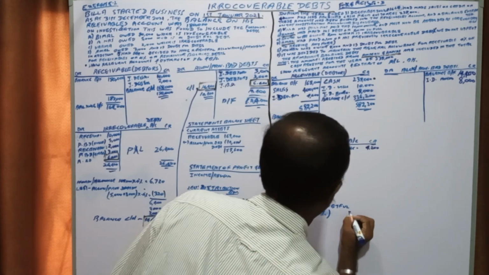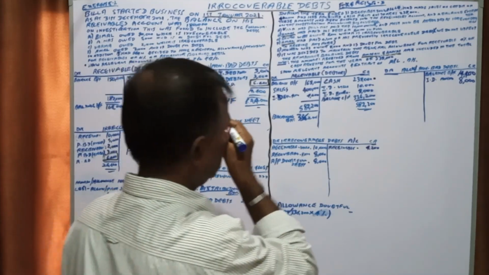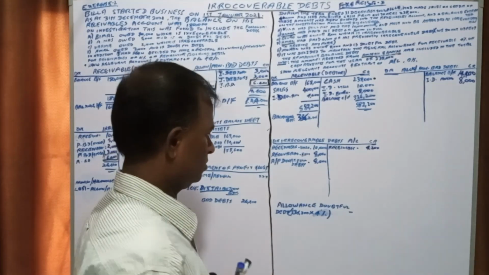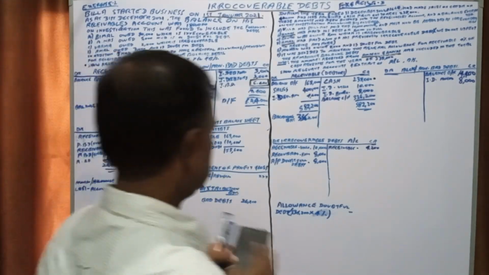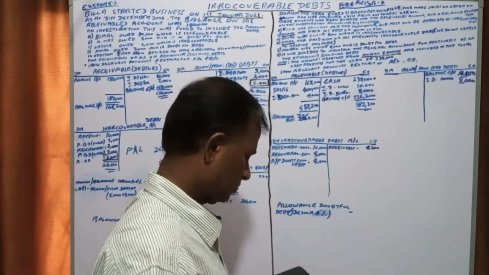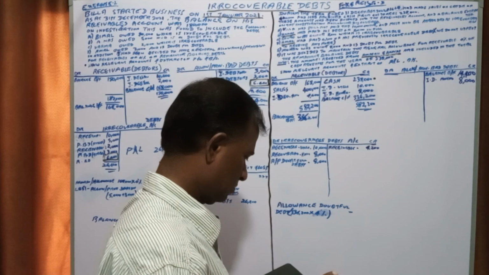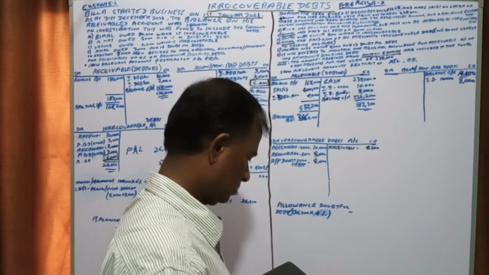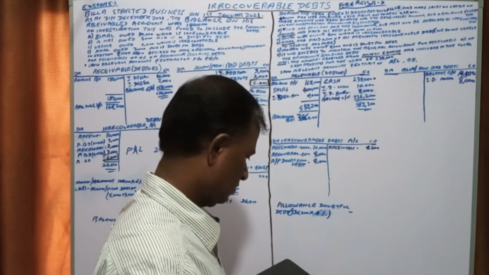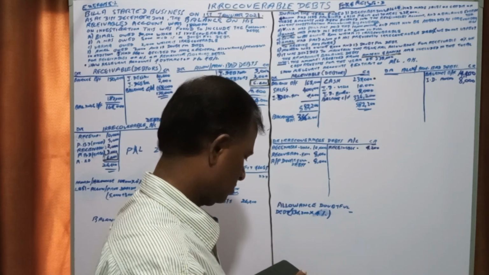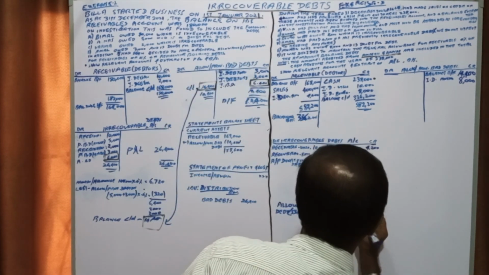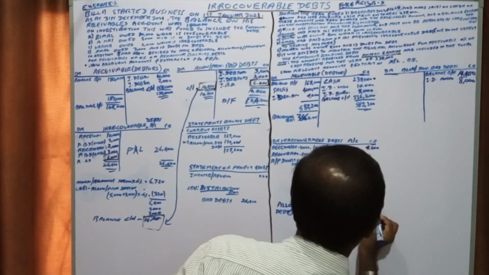Okay, that is amounting to how much? 336,200 into 0.4%. 13,338.